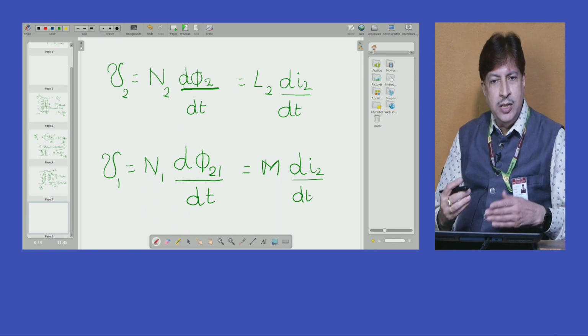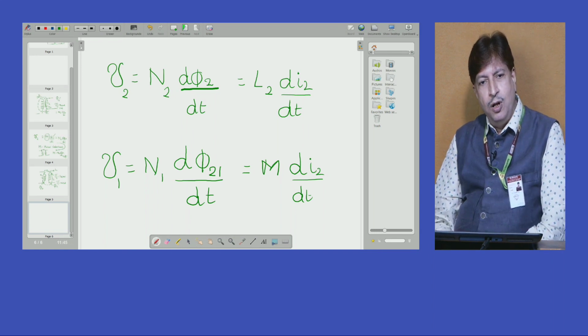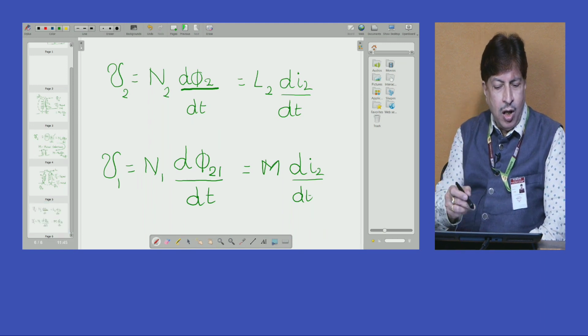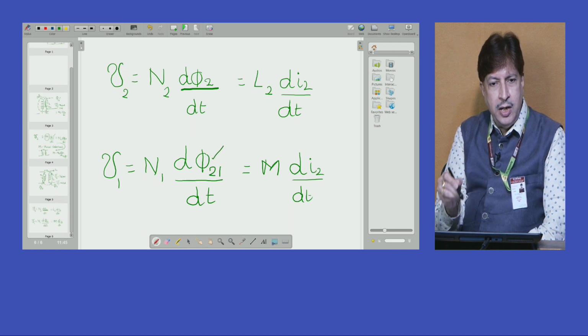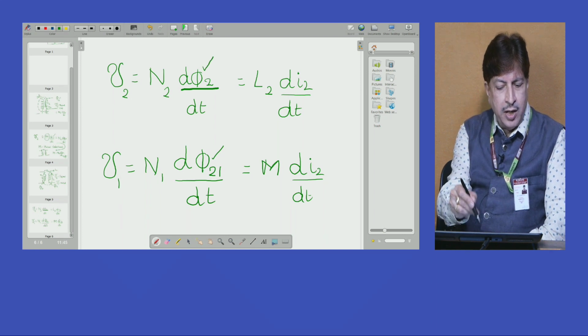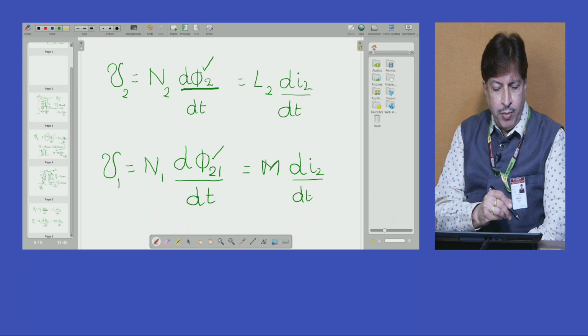Phi 2 is the main flux which is linking coil number 2. Out of this phi 2, phi 2 1 is linking coil number 1. That's why this particular EMF is mutual EMF and this particular EMF is self EMF.